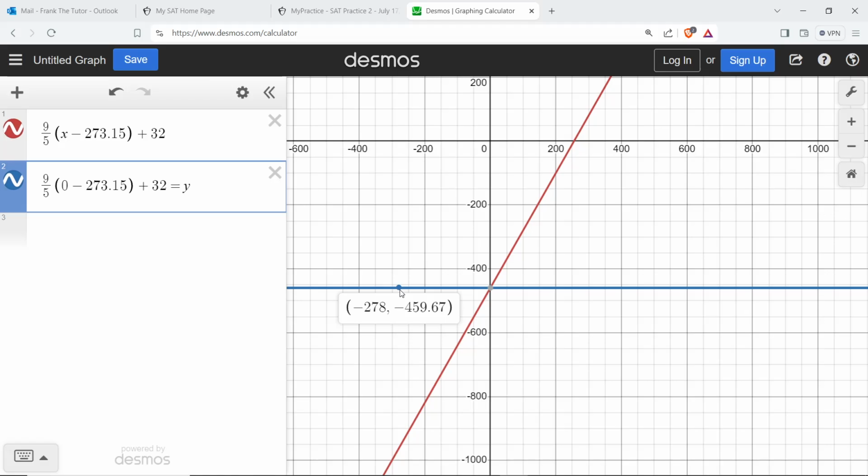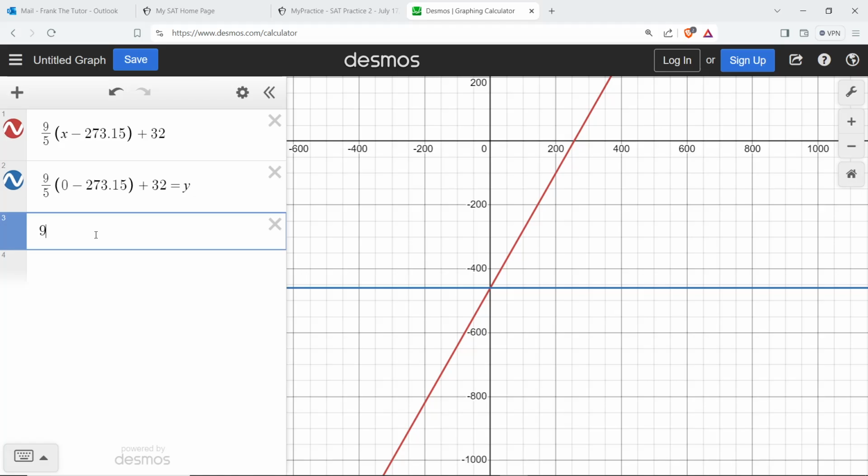So there it is. When degrees Kelvin is 0, degrees Fahrenheit is negative 459.67. So that's the value of the function.